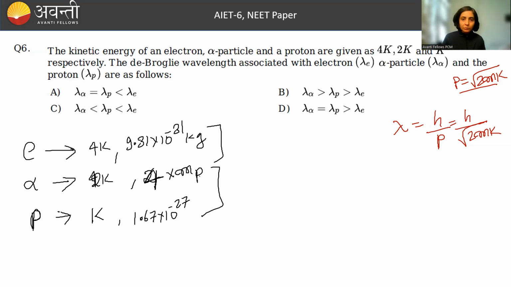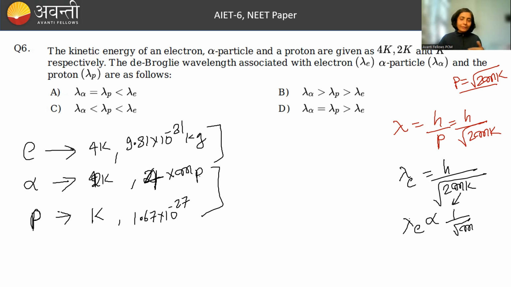So what is the significance of this? You see here, lambda of the electron, if I calculate, I will write h by root 2mk, where the kinetic energy is 4k. Lambda e is directly proportional to 1 by root under m, so it's inversely proportional to mass. And if mass is smaller, the de Broglie wavelength will be higher.